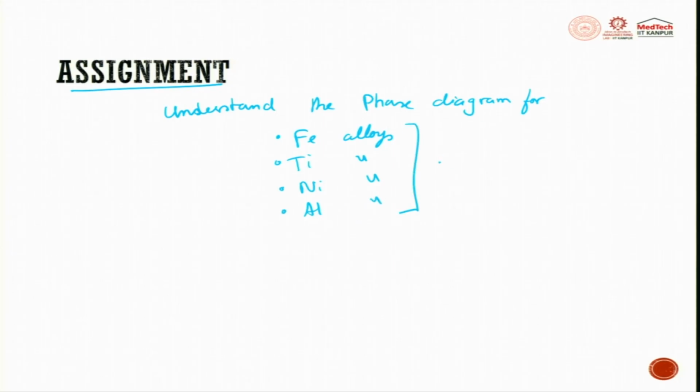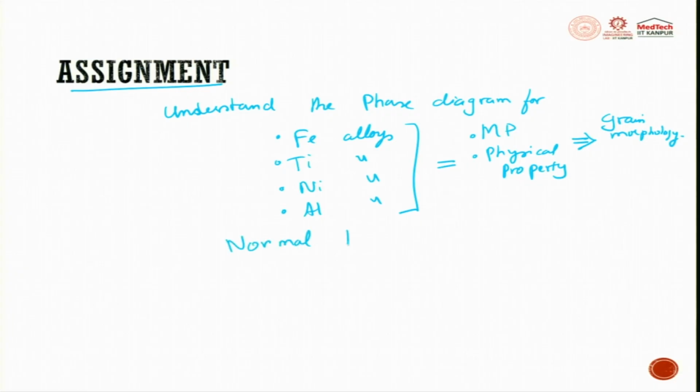You have to focus on the mechanical property and physical property, and this in turn has to be related to grain morphology. Okay. So, this is for normal and AM parts.